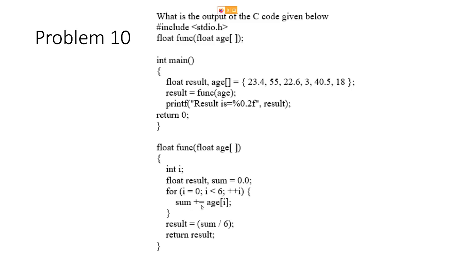It is going to add the value in the array at index i to the current value of sum, and sum is changed here. And then finally it takes the value of sum divided by 6, stores it in result, and returns the value of result. Now you have to tell me what will be printed here.